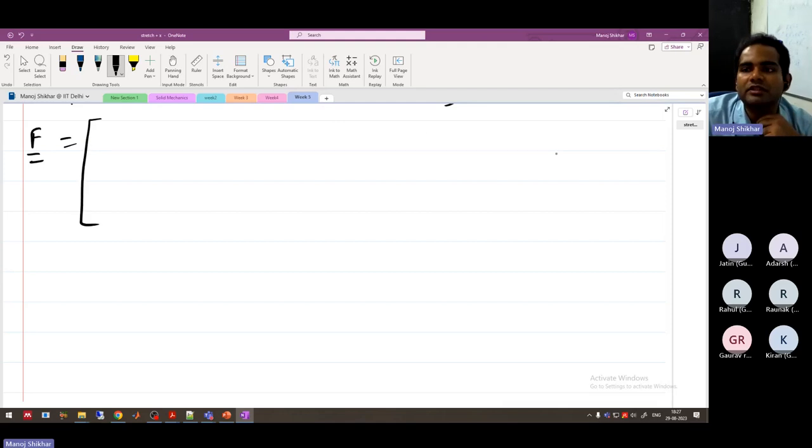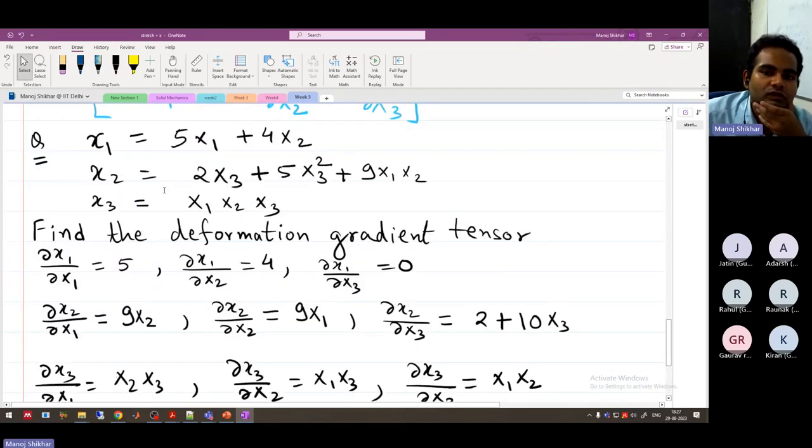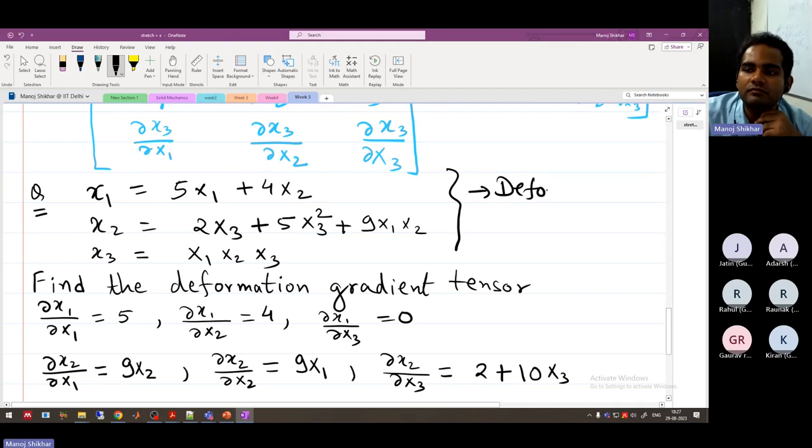So substitute those things here, and you will find the answer. I hope this is clear to you, how you find a deformation gradient tensor if the deformation map is given.